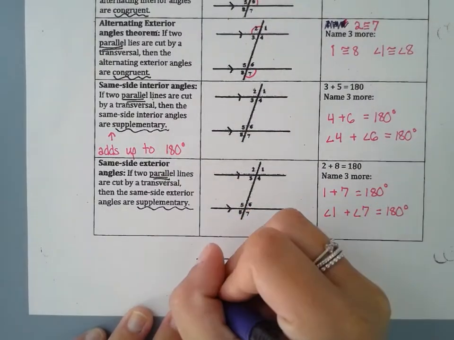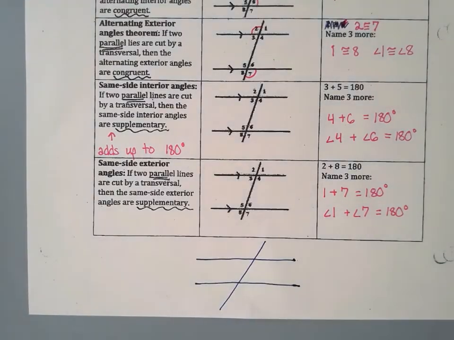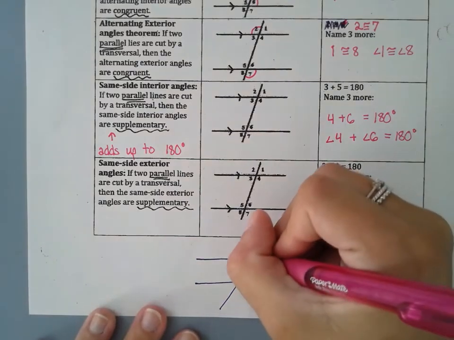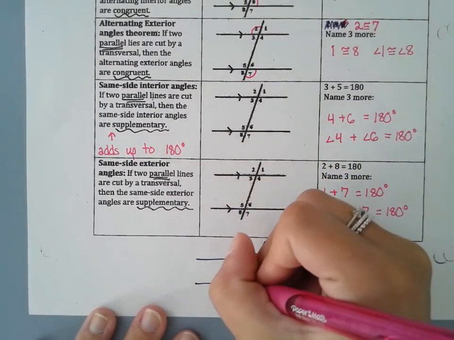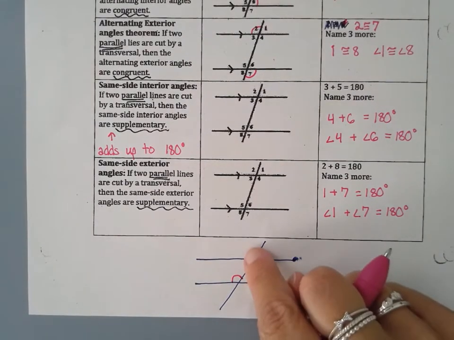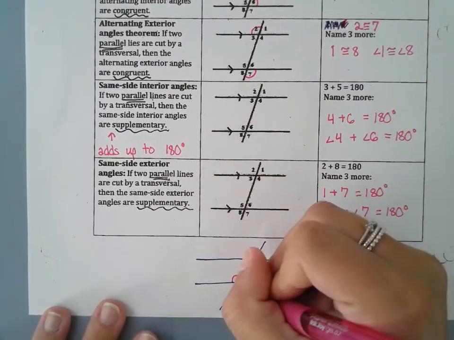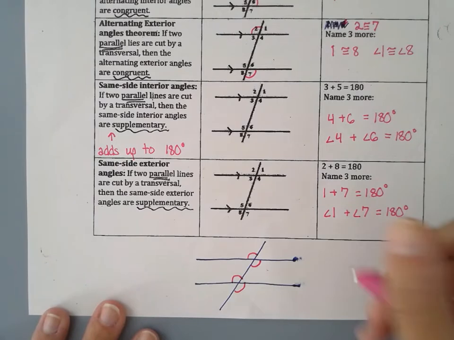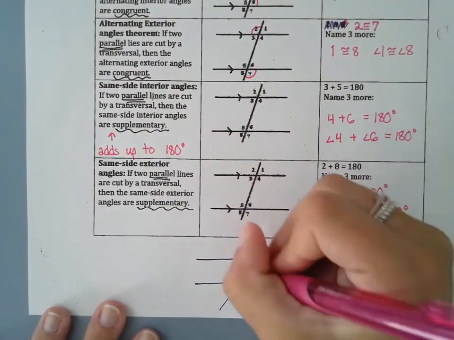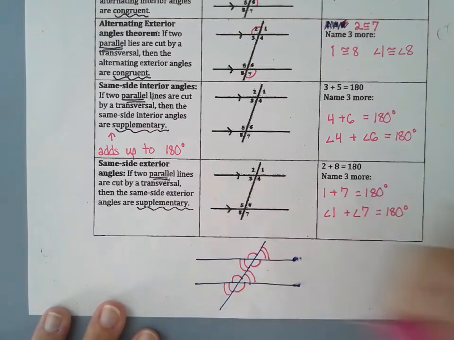But when you have a set of parallel lines that have been cut by a transversal, we know that our corresponding angles are congruent, but also we know that these angles are congruent, and then these angles have a different level of congruence.